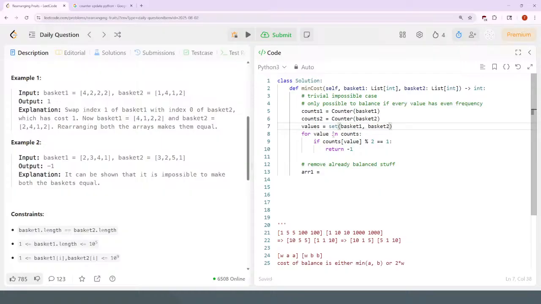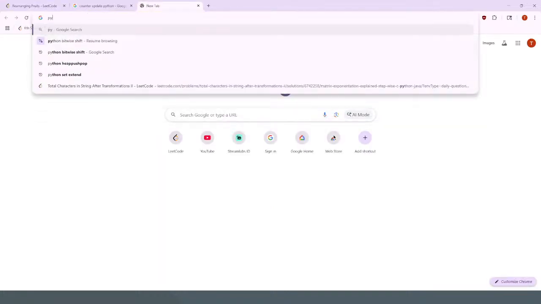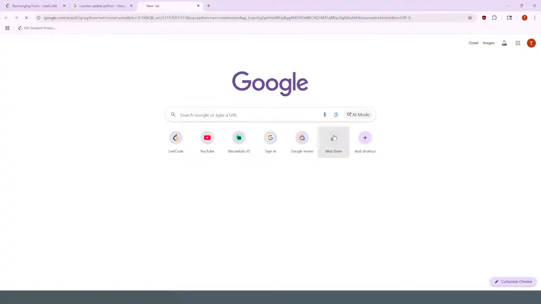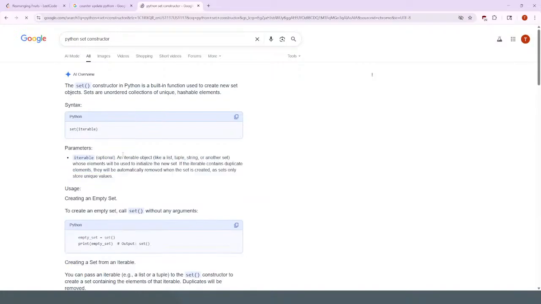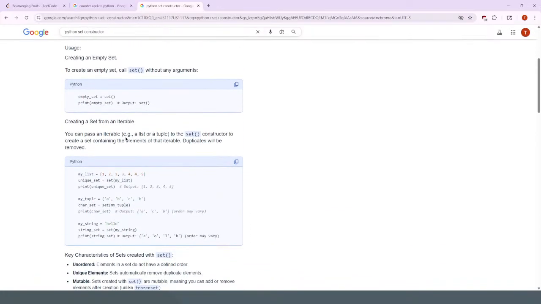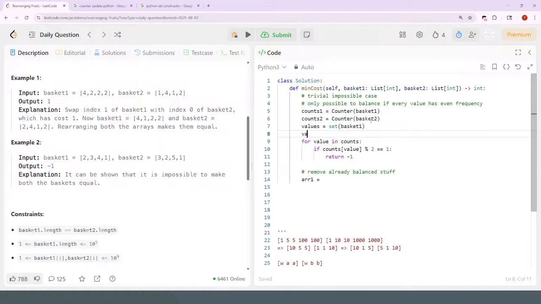I don't know if I can actually create a set using the Python set constructor. Can I use multiple parameters? I don't think I can. I think I just use set and then update. This seems really bad.